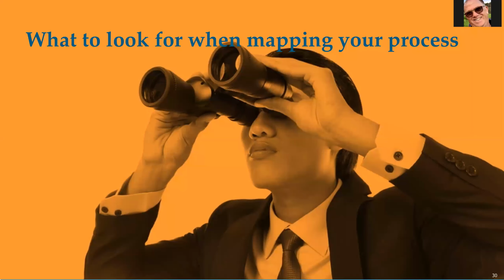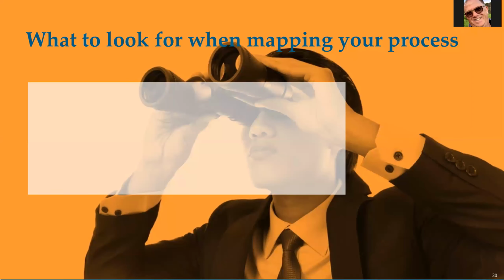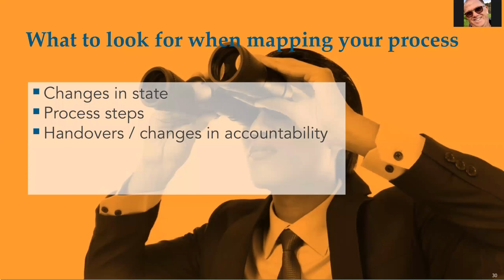Now, when you're mapping the process, what you want to look for are changes in state, meaning transformation stages, process steps, stage gates, handovers, changes in accountability, gating processes, decision points. Gating processes here is like approval points, that sort of thing.